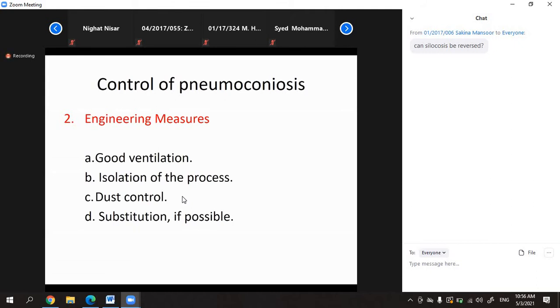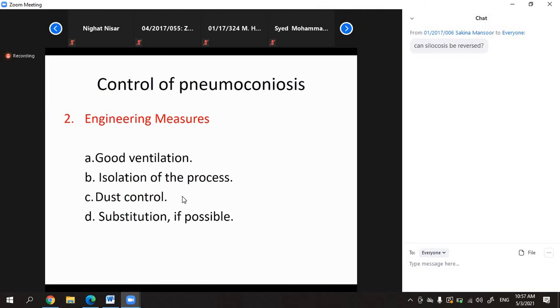The less harmful can be taken and the more harmful substance can be eliminated. For example, use of lead-free petrol. Leaded petrol is causing many diseases and respiratory problems.